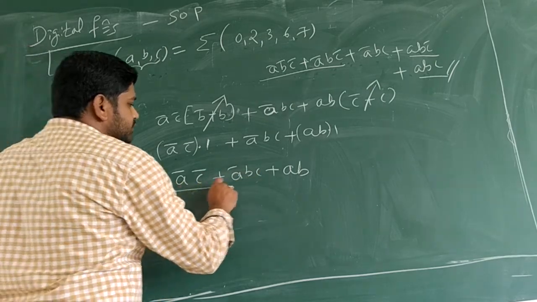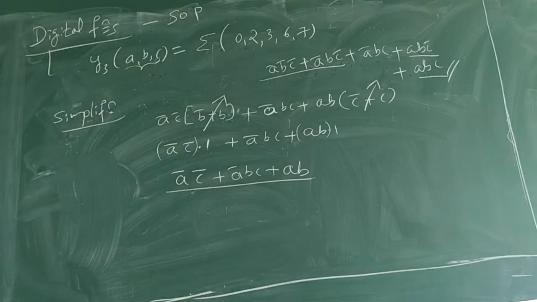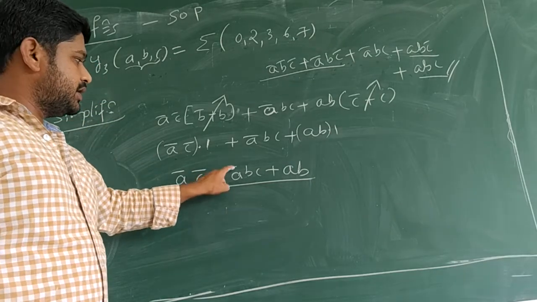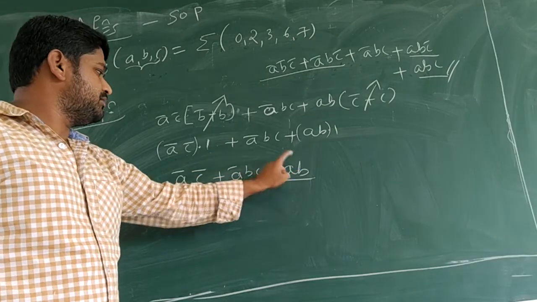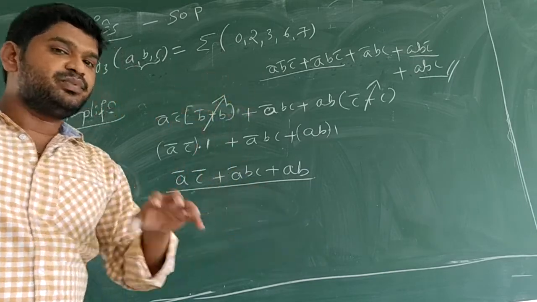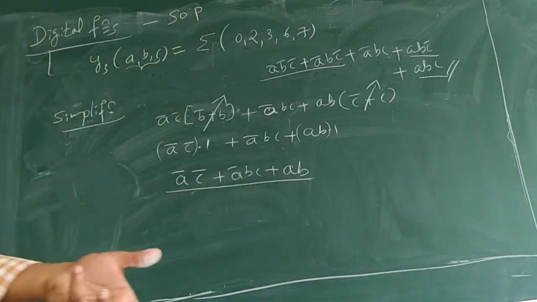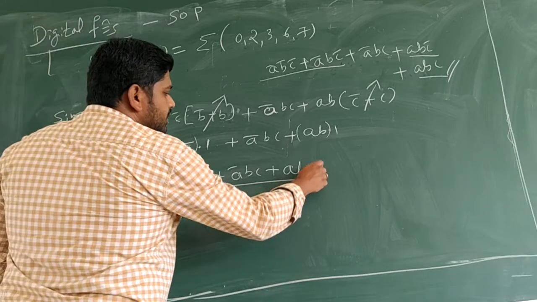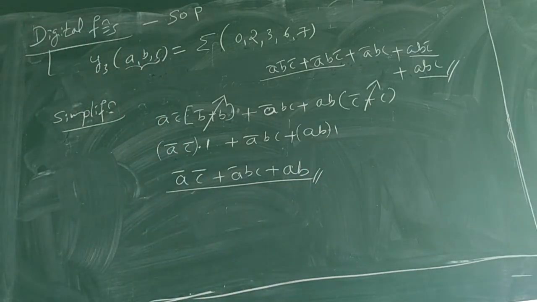Hence this will be the representation of the given digital function y3: A complement C complement plus A complement BC plus AB. Here we can take B common, but it is not simplified, it is another representation. So that's why I am stopping here. So this is called simplification of digital functions using Boolean rules.